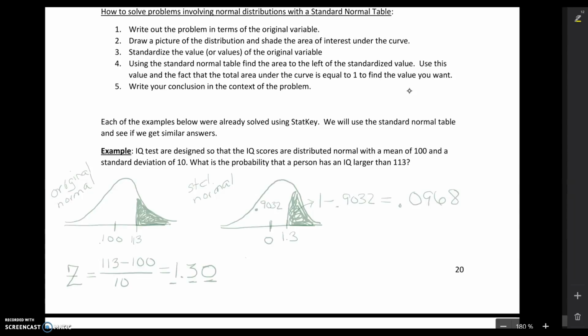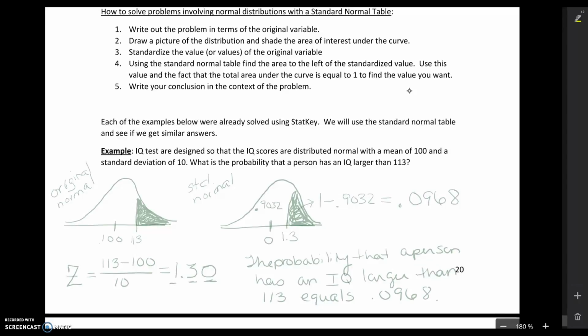Therefore, the probability that a person has an IQ larger than 113 equals 0.0968.